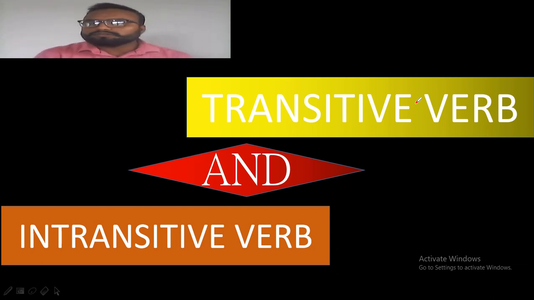हम action word को verb कहते हैं. And what does it denote? It tells us what a person is doing, what a person does, what is done to a person, or what a person is.